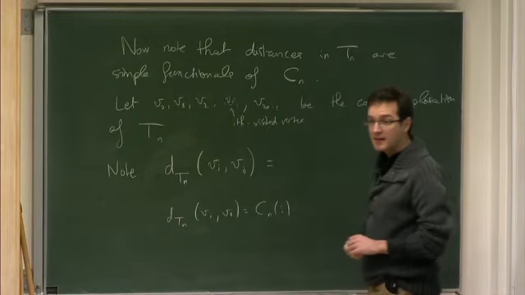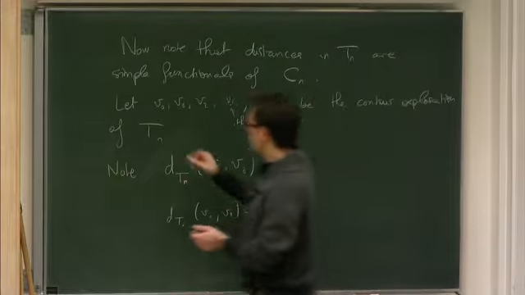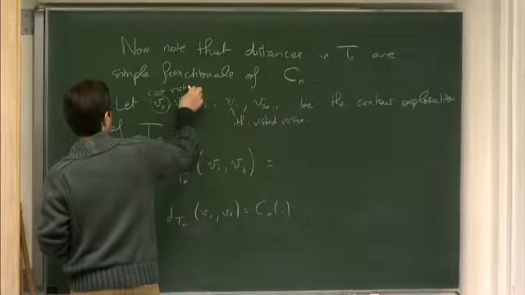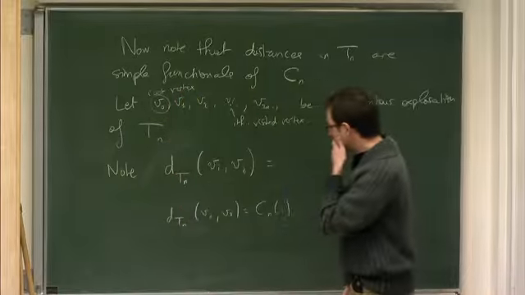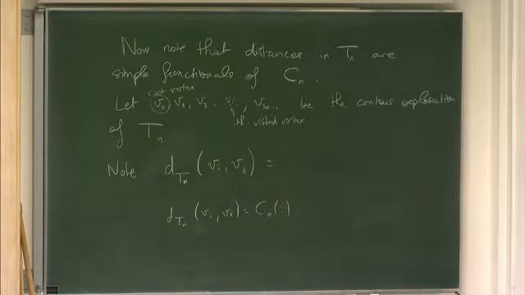It's just the height of Vi, so it's the distance to the root vertex. I didn't mention that, but that's the root vertex. So we know the distances to the root.